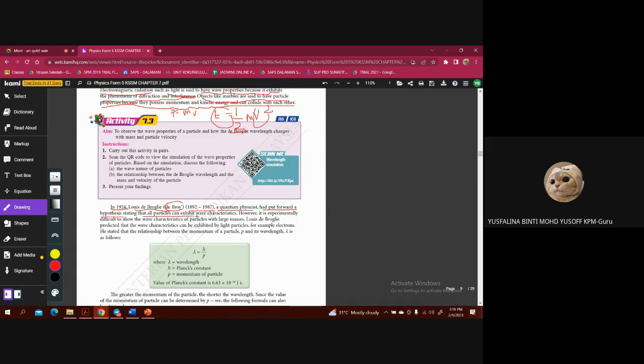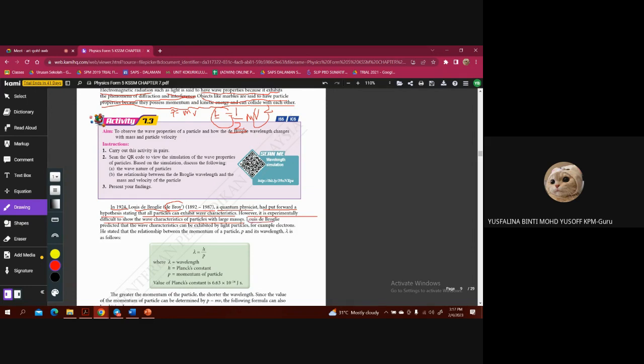Stating that all particles can exhibit wave characteristics. However, it is experimentally difficult to show the wave characteristic of a particle with large mass. So we cannot use, let's say, a car to show that a particle can also follow the wave characteristic, because of the large mass.